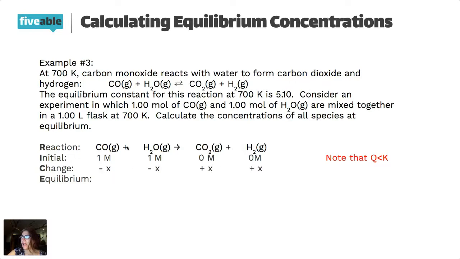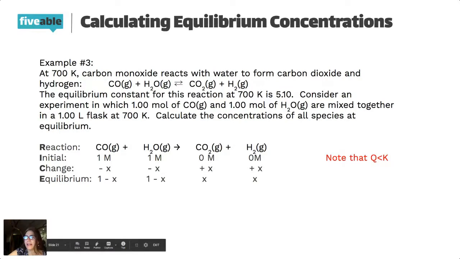These are X because the ratios are in a 1-to-1 ratio. So that's why we just place X. If there would be a coefficient of 2 here, then it would be plus 2X. Right? So then at equilibrium, we just place the initial plus or minus the change.